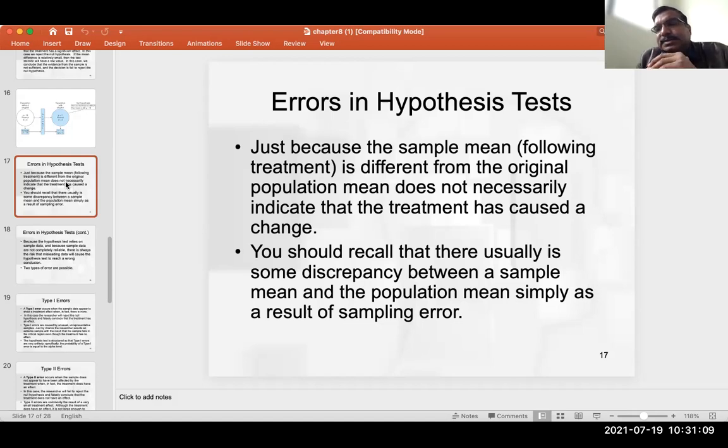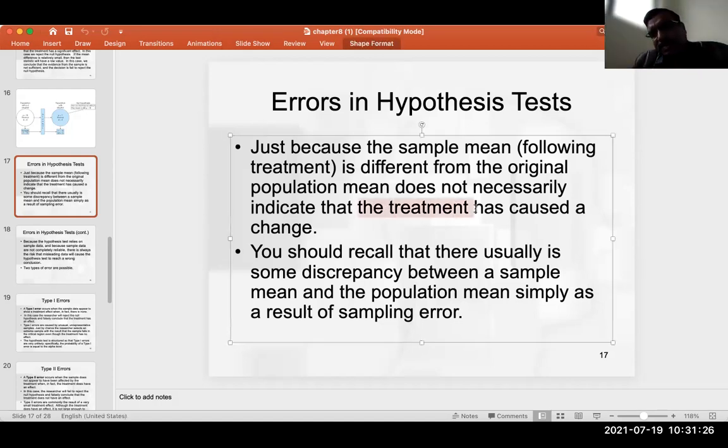A sample is the few selected out of the whole for data collection. Just because the sample mean is different from the original population mean does not necessarily indicate that the treatment or any kind of measurement has caused a change, right? That may be due to sampling error also.